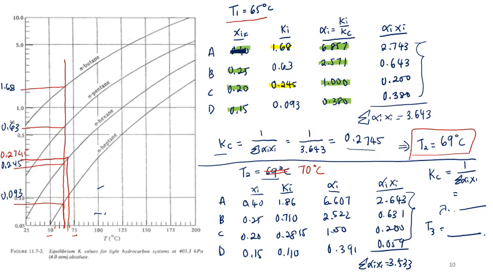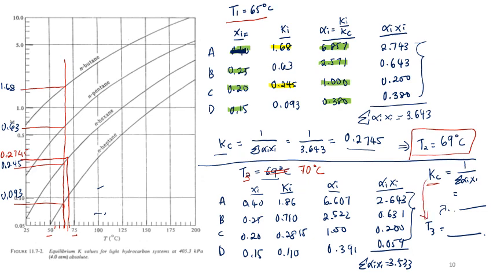What are the K values? What are the alpha? And what are the products of alpha xi? And then get the new Kc value. And then at the third trial, only then you got T3 equals 70 degrees Celsius. To confirm whether you should stop at T3, you should repeat it again, and you should calculate what are the K values.